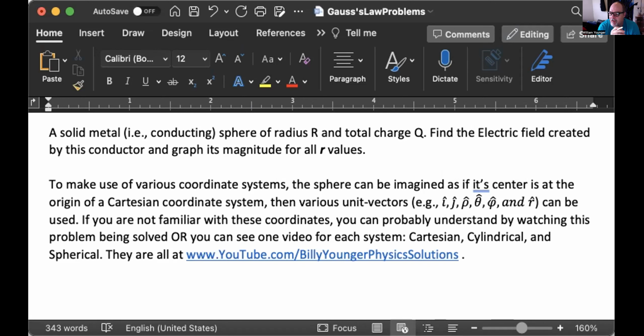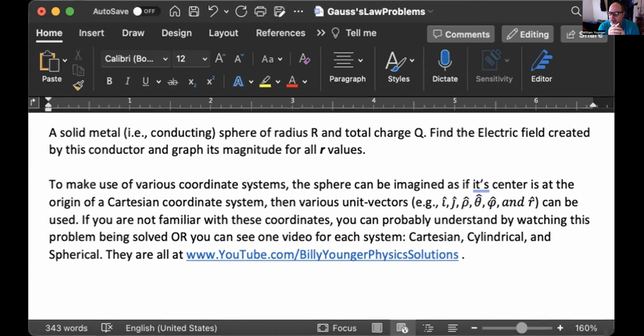If you're at 45 degrees counterclockwise from the positive x-axis towards the positive y-axis, then r hat would point 45 degrees from the x-axis, which is also 45 degrees from the y-axis, and would point away from the origin. That just gives you a little idea of what they are, and I'll point out the coordinates every now and then.